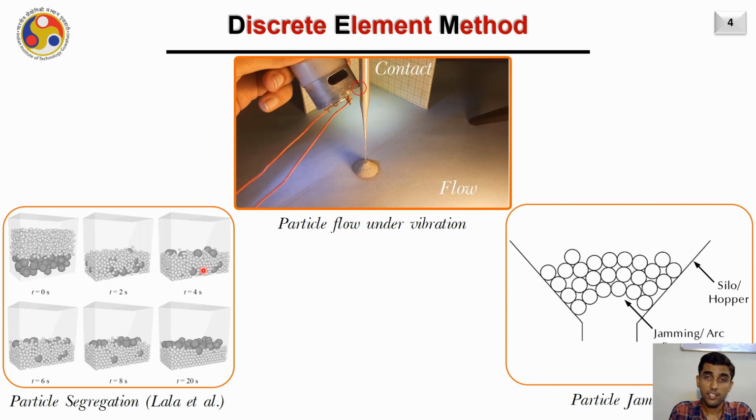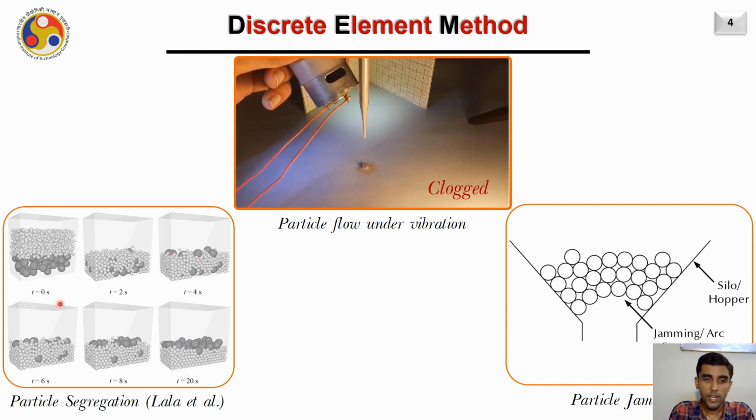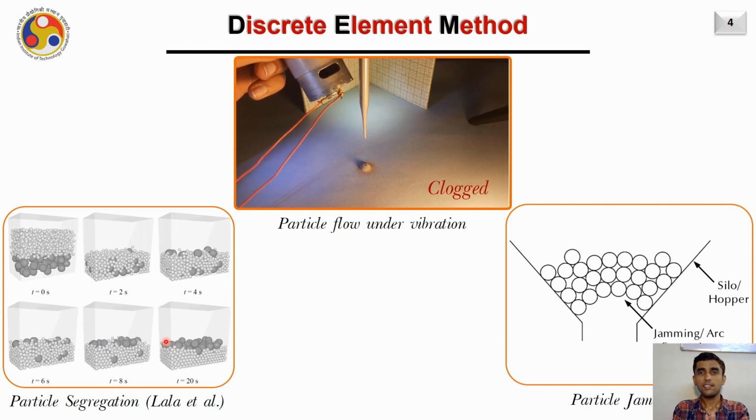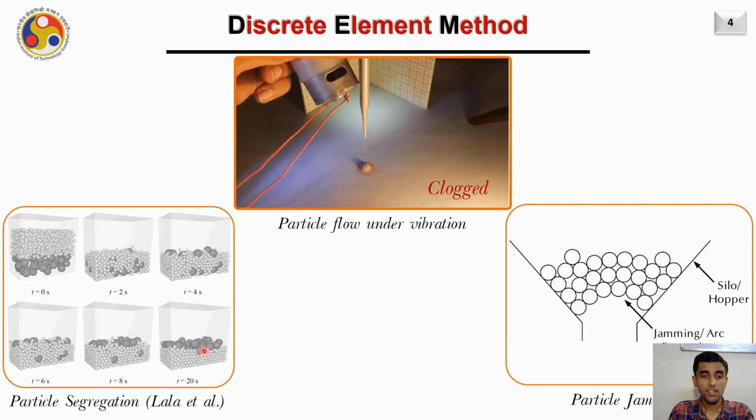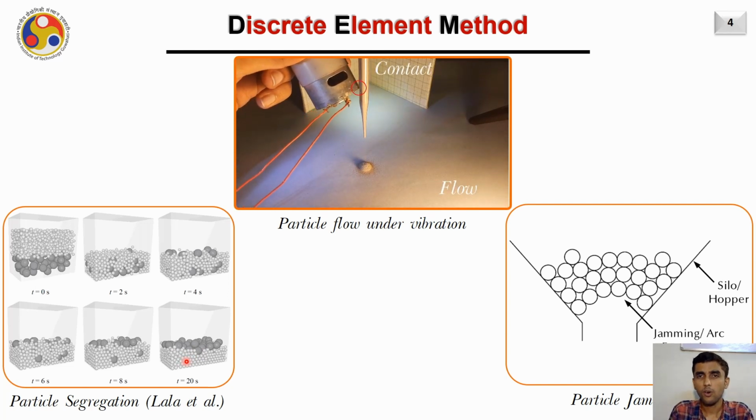At time 4 seconds, we start to vibrate the system. In this case, the vibration was at 16 Hz at an amplitude of 3 mm. Slowly, as you can see, the powder particles segregate. That means the bigger particles come on the top and the smaller particles go to the bottom. So the problem of powder segregation can be modeled using discrete element method.